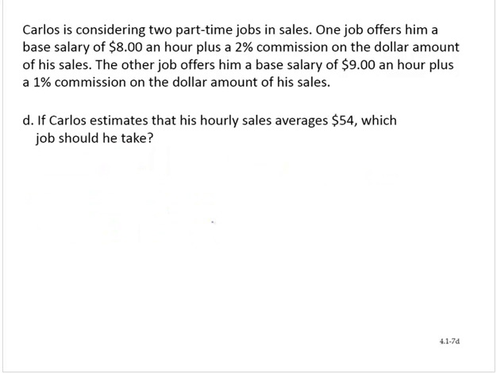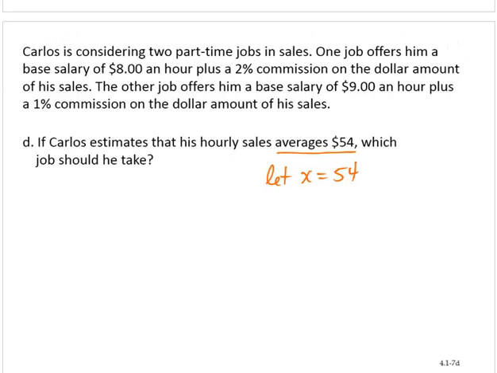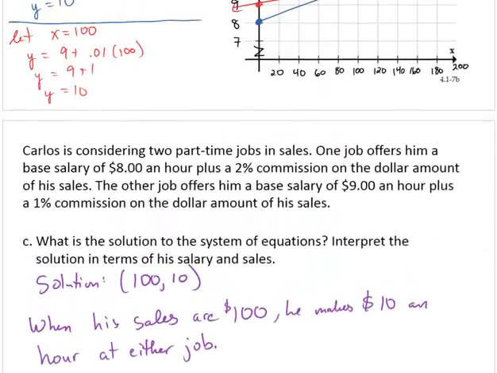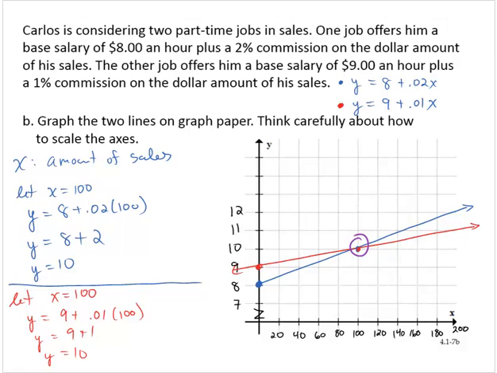If Carlos estimates that his hourly sales average $54, which job should he take? All right, so that's saying basically if we let x equal 54, what happens? Well, let's go back to our graph. If we have an average sale of 54, so 54 is about here, and if we draw that vertical line at 54 and look at the places where it crosses, so that wasn't drawn very well, let's try again.